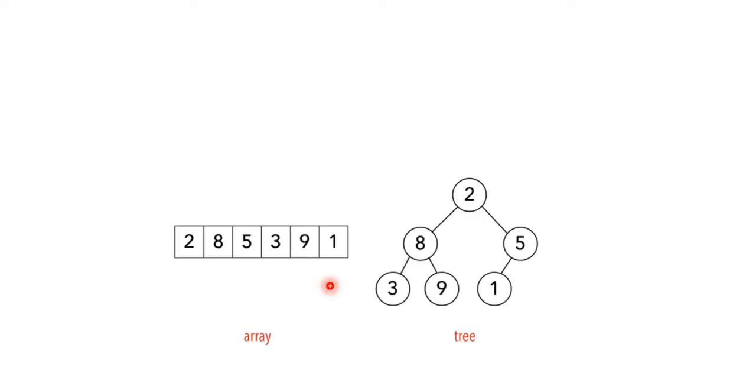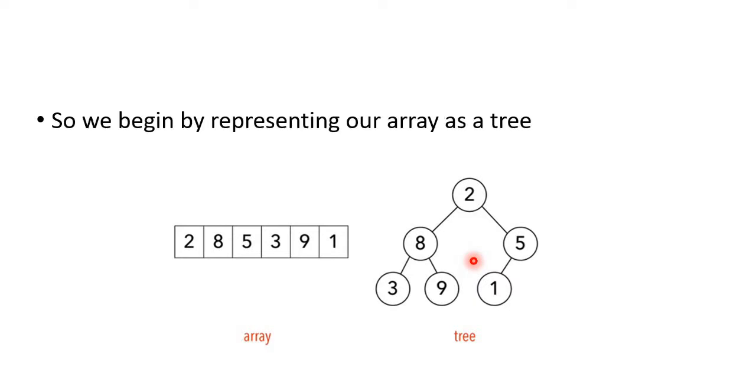Now, let's think that this was our array and we created this tree. This is a heap. Heap is an ordered binary tree. So using this array, we made this specific tree. How is this tree being made? Let's have a look. We begin by representing our array as a tree.